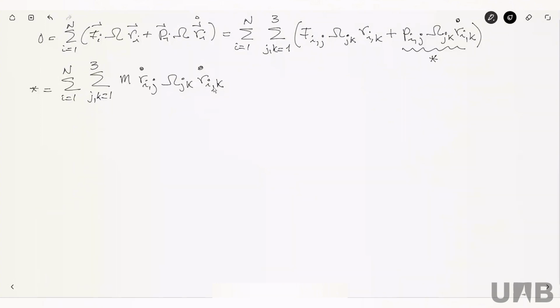How much is this? Zero. Why? Because the omega matrix has 0 elements on the diagonal, so the same terms can be multiplied with each other.